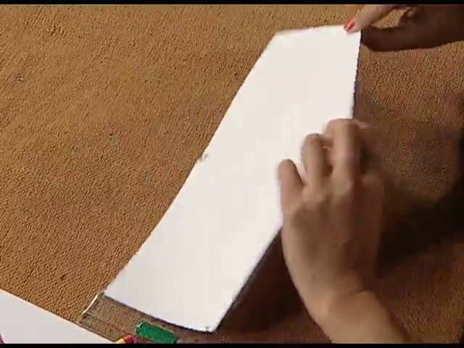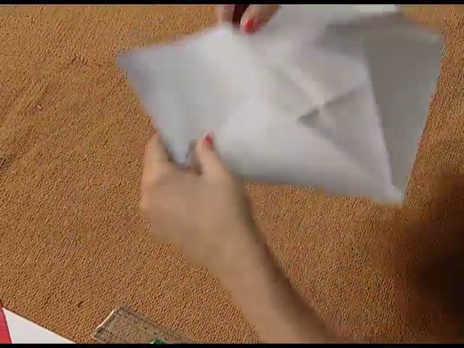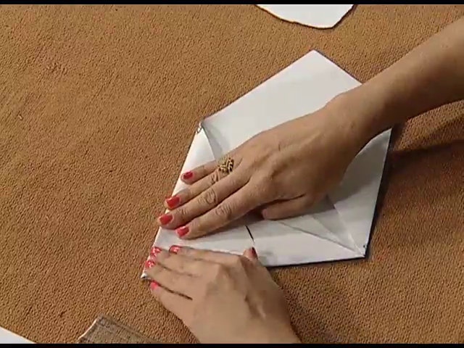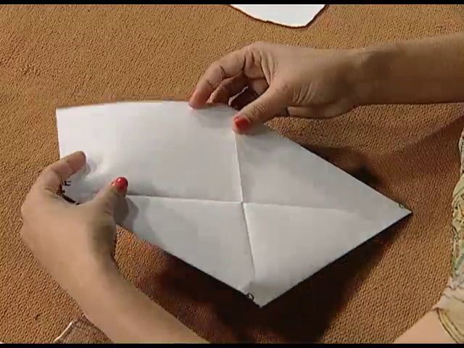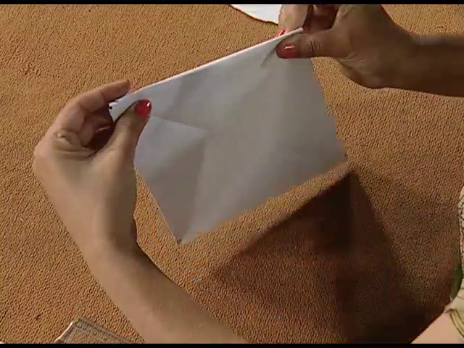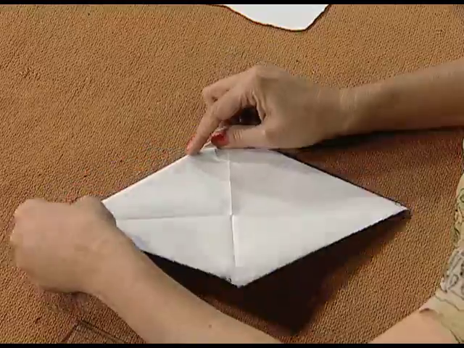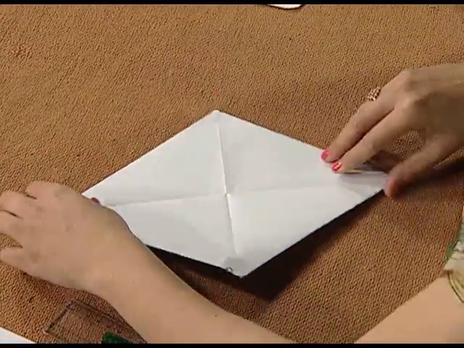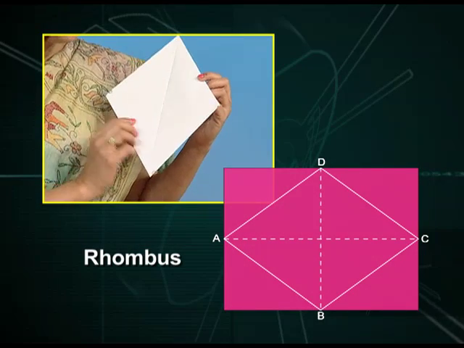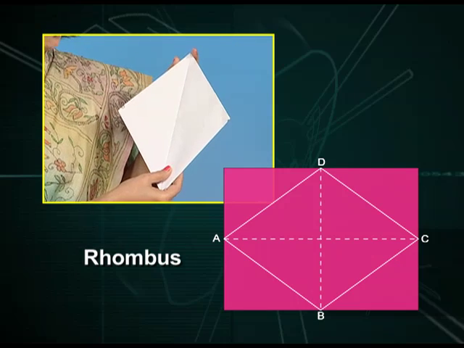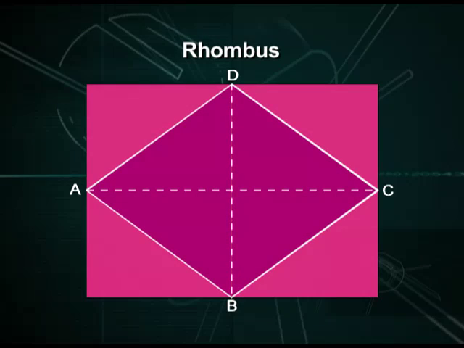This is BC, and join the points C and D by crease CD and join the points A and D and make another crease. Can you see what we have got? We have got a rhombus. Now, you can give a reason why this is a rhombus by exploring various geometrical properties of rhombus.